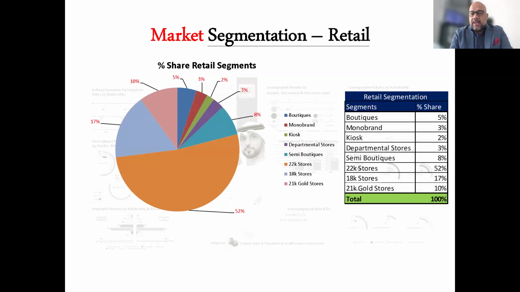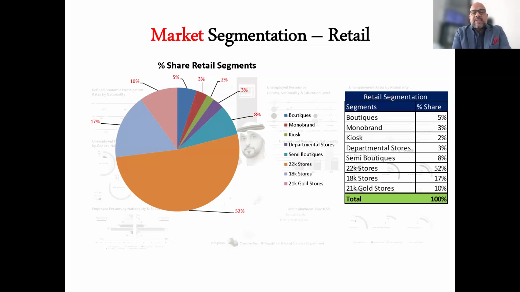So if you look at the entire chunk, that is almost around 77%, or 75%, which is very important to hold on to, to increase on numbers. But we need to look at a different category, which is 18 and 21 as well.